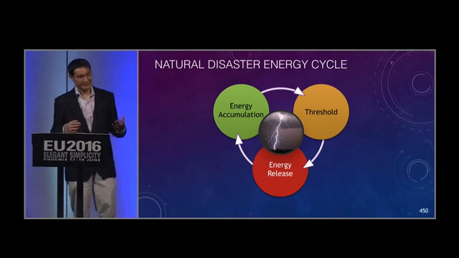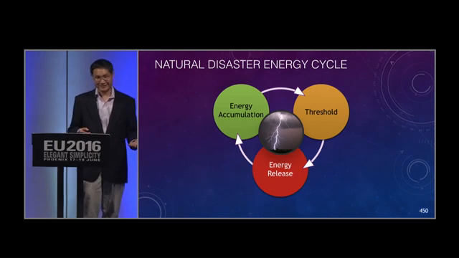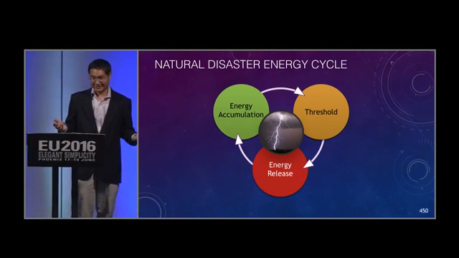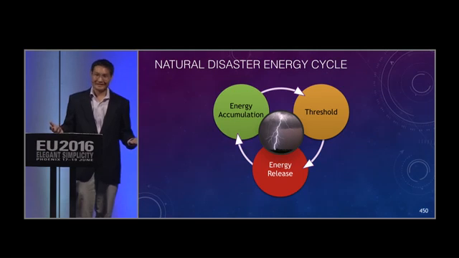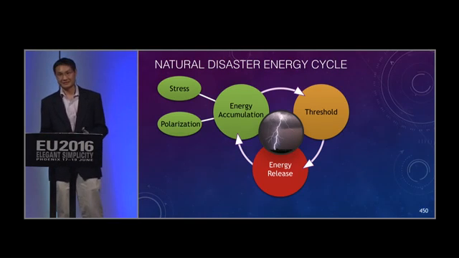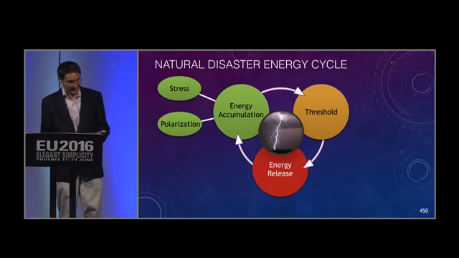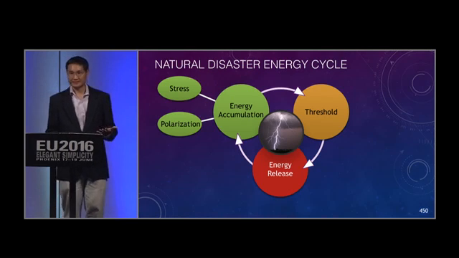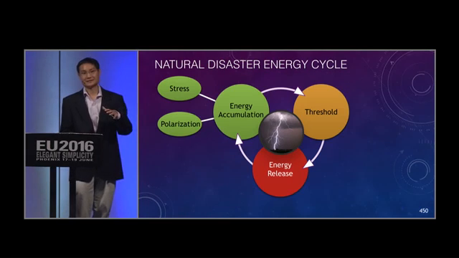So we look at electric energy accumulation in this case. The simplest model you can understand is a capacitor or a battery. When you have a capacitor or a battery, there's a polarization, so there's a charge separation. And when there's charge separation, there's always some stress building up in that volume of energy.